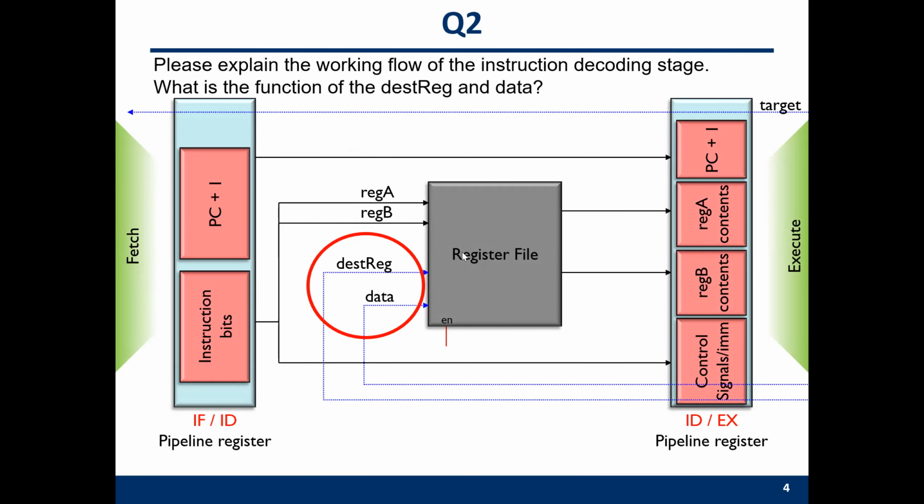The second question is to explain the working flow of the decoding stage. The decoding stage is the second stage. What's the function of the destination register and the data? In the decoding stage, after you get the instruction, you decode it.